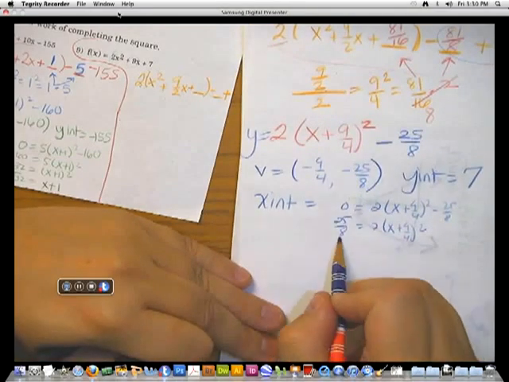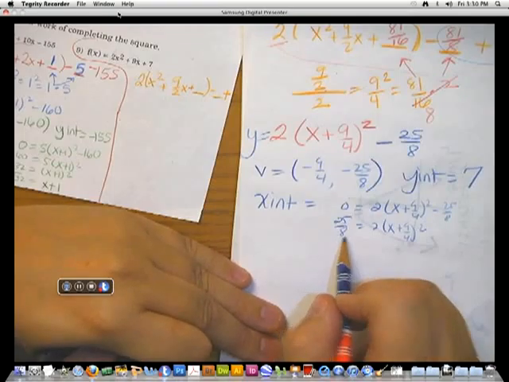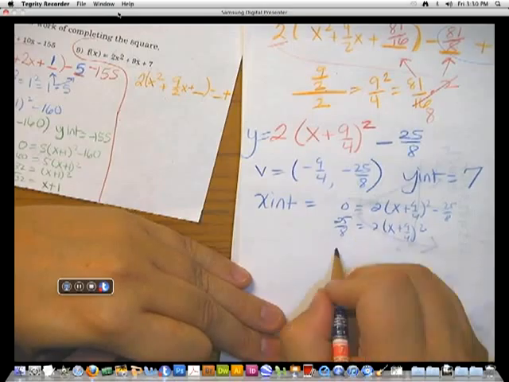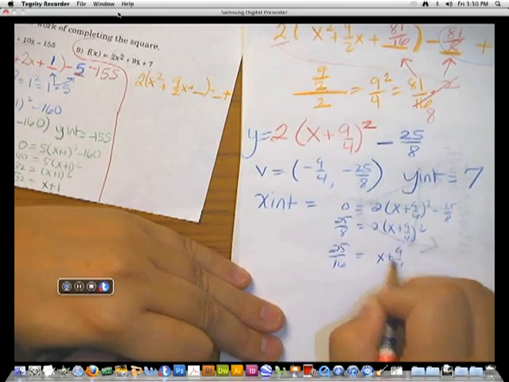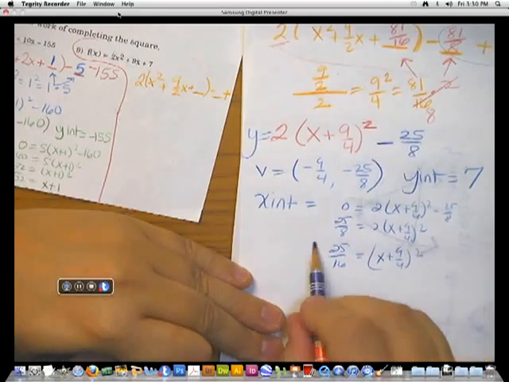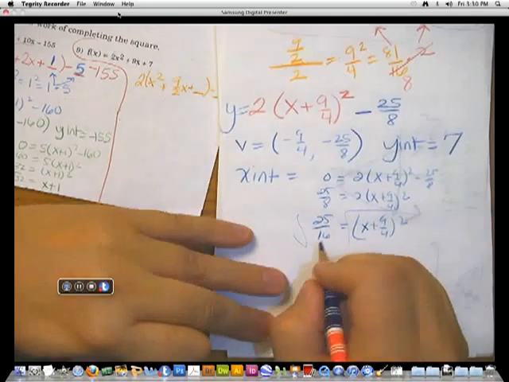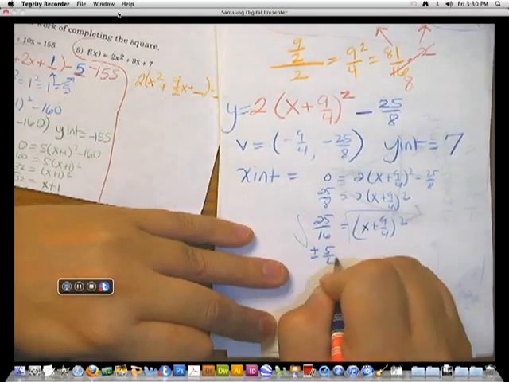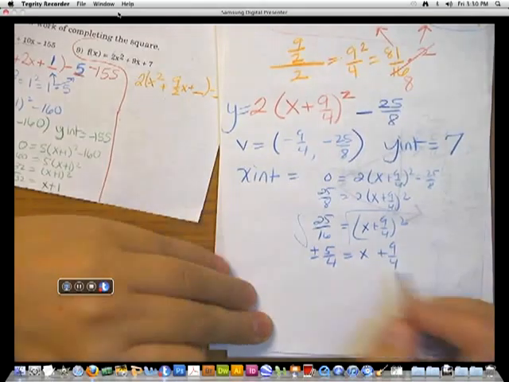We're going to divide by 2, and when I divide by 2, that's actually going to become the 16ths, so 25/16. Now when I square root both sides, I'm going to get plus or minus 5/4 is equal to x plus 9/4.